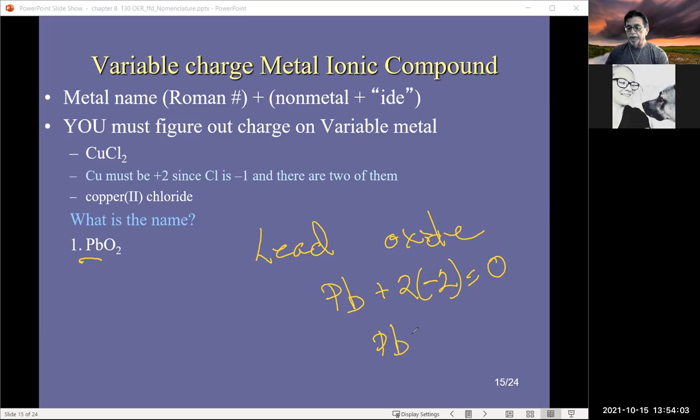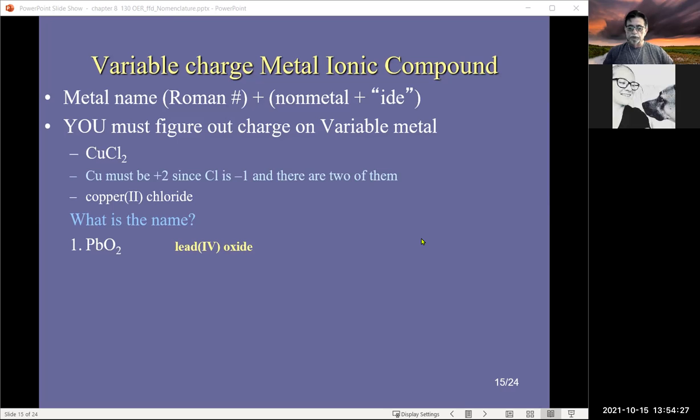Okay, so Pb - 4 equals 0. Obviously, Pb has to equal +4. So this is a +4, which means that now the name is lead, parentheses, IV. All right, lead Roman numeral 4 oxide.